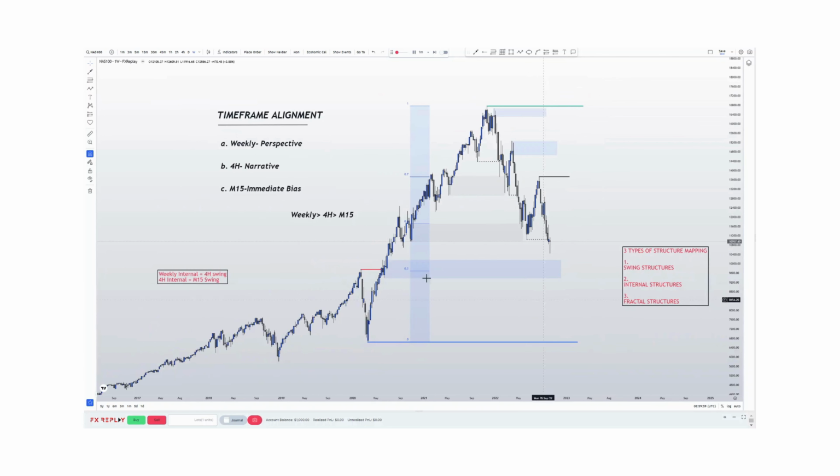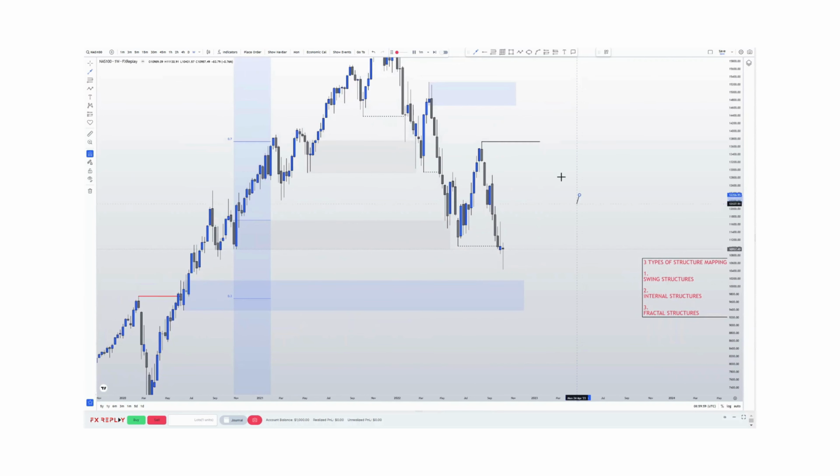And then we have the fractal structures, which are symbolized by some changes in character. You understand that these are very minor changes in price action. Something like here, we have a lower low, a lower high, a lower low, and then price creates a higher high to break this smaller high over here.